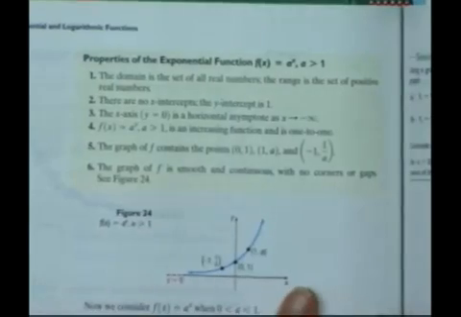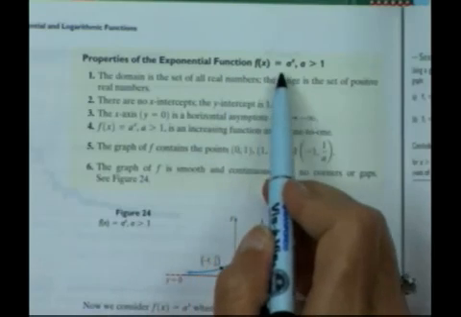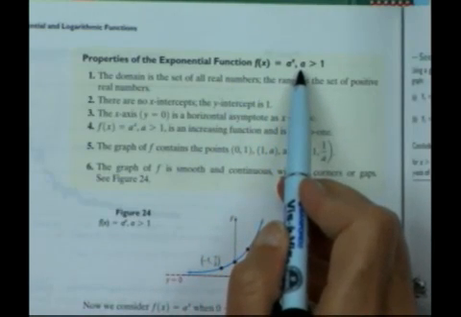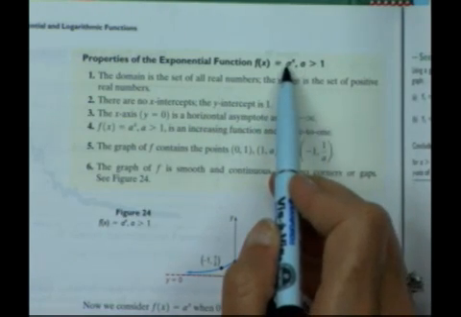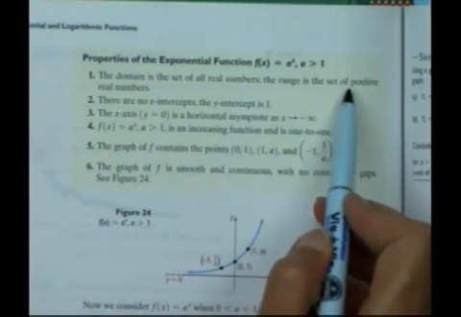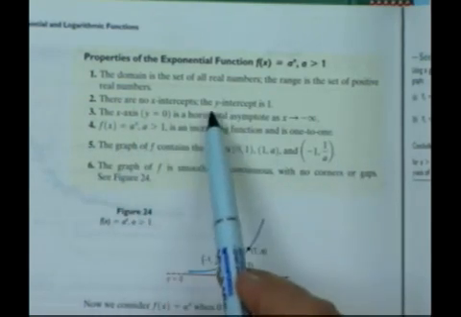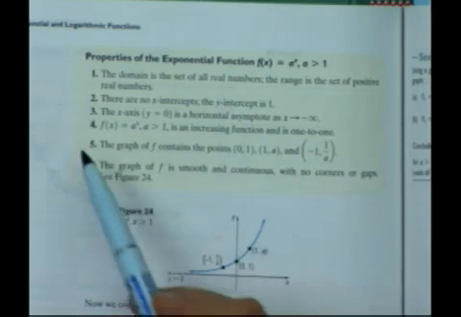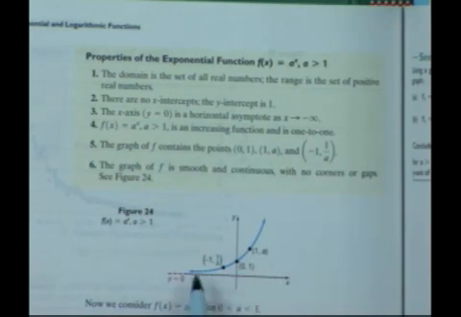Top of page 424. Properties of the exponential function. Remember the first examples we looked at were when the a was bigger than 1, a to the x. Your domain is all real. The range is all positive numbers. That means y is greater than 0. Your y-intercept is at 1. y equal to 0 is the horizontal asymptote.